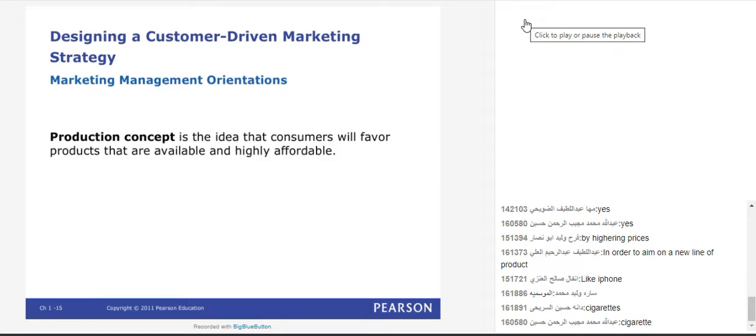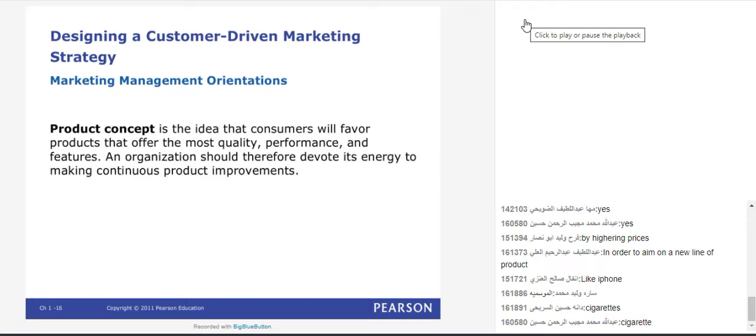In the production era they wanted only to produce and earn a profit as much as they can. In this era, they began to focus a little bit on the characteristics of the product and the price of the product so people can buy it.